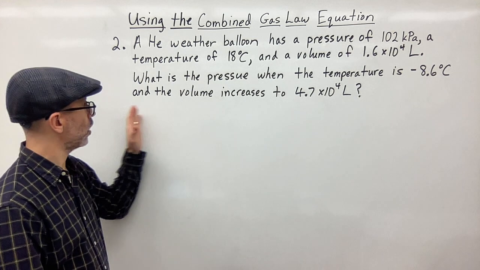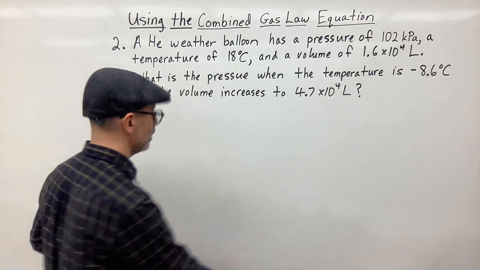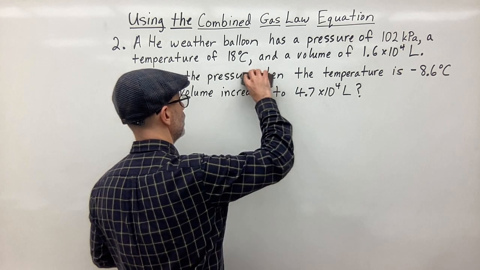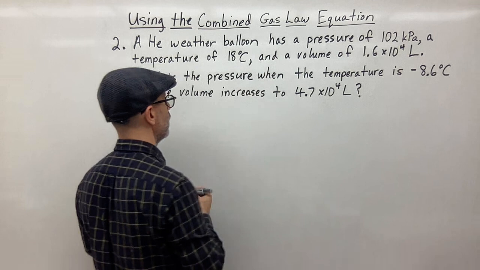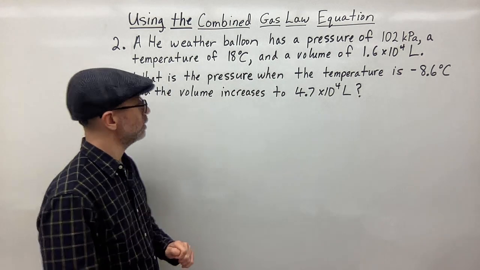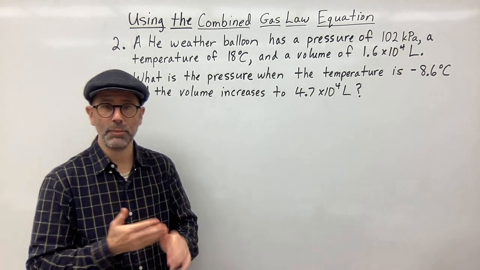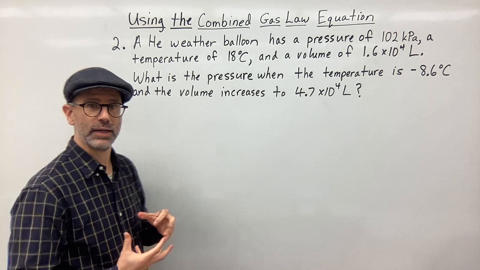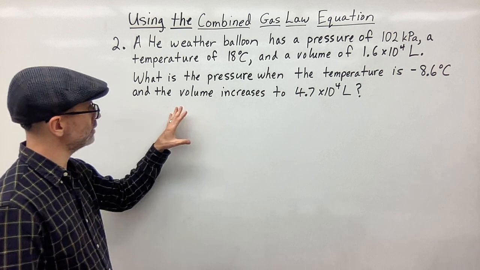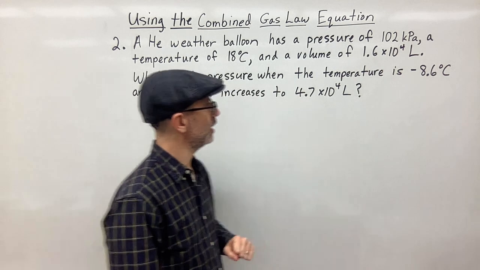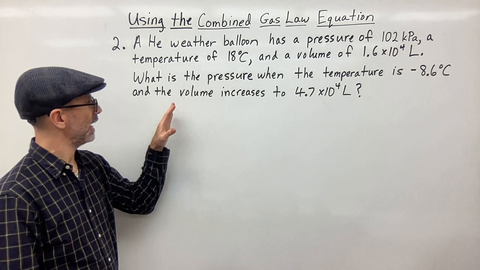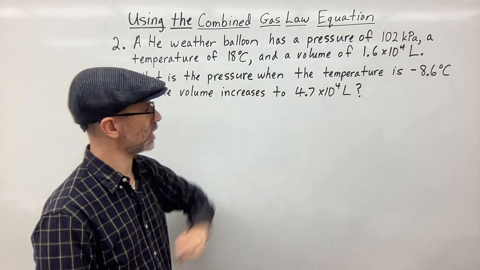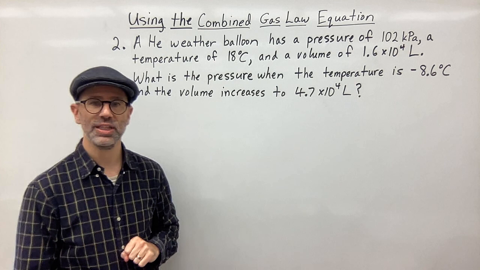And then they're asking us, what is the pressure when the temperature is negative 8.6 degrees Celsius and the volume increases to 4.7 times 10 to the 4 liters? Oops, I misspelled pressure. Hopefully those grammar people out there don't have a conniption.